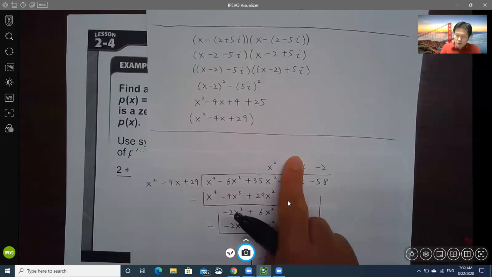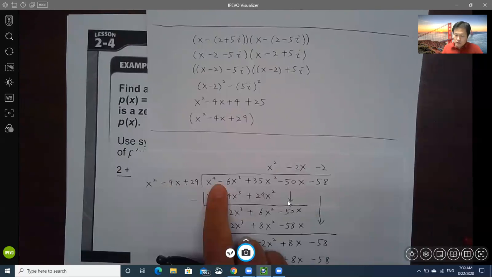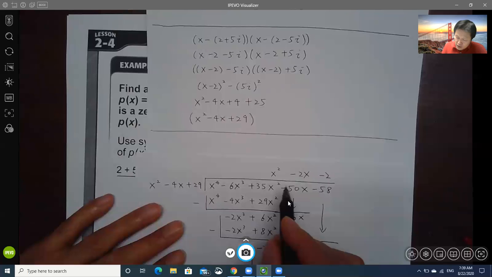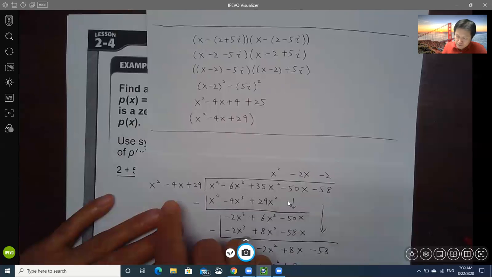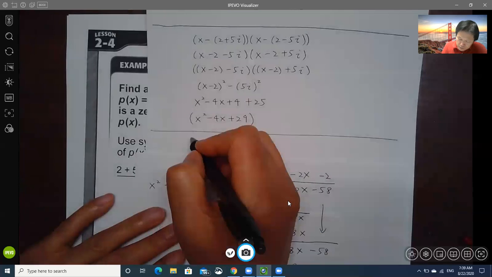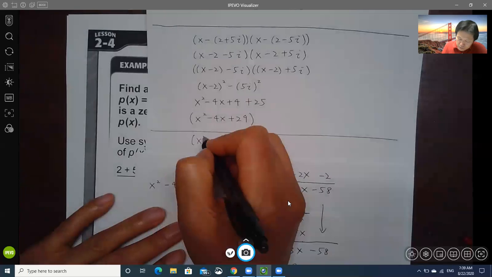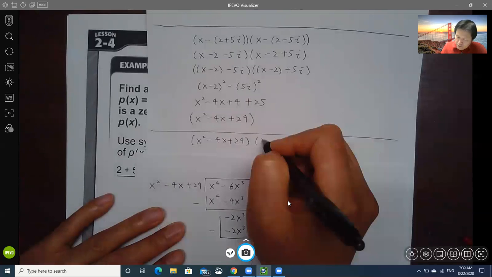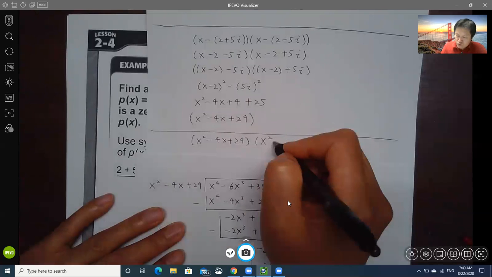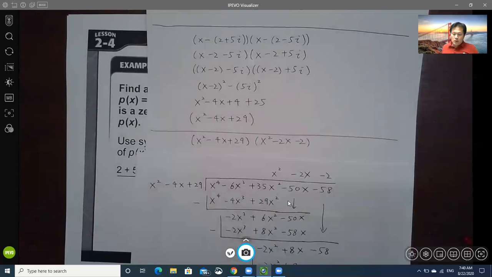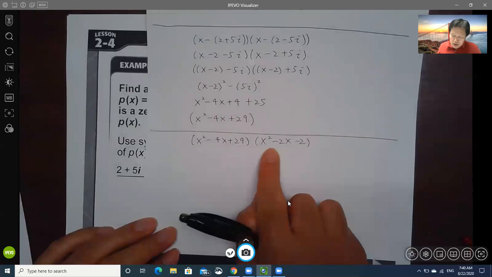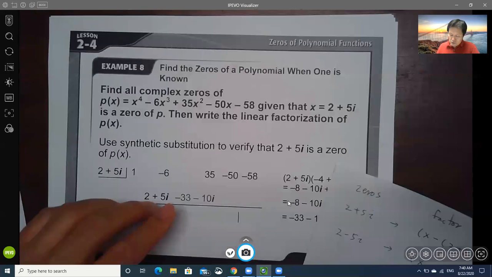So when you multiply these two, that should be this. So the entire equation is expressed as this times x squared minus 2x minus 2. You have to factor this further because they want linear factorization.